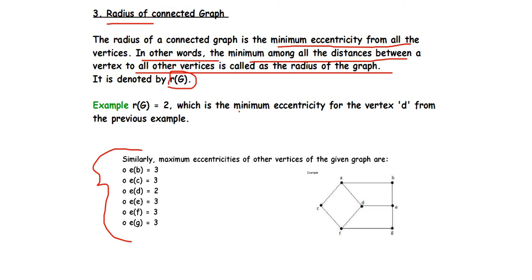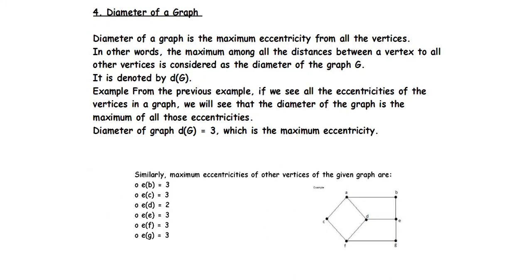The minimum eccentricity, for the vertex D. So if you see from B, C, D, E, F, the minimum eccentricity is at D, which is e of D equal to 2. So that is nothing but the radius of a connected graph, the minimum eccentricity.